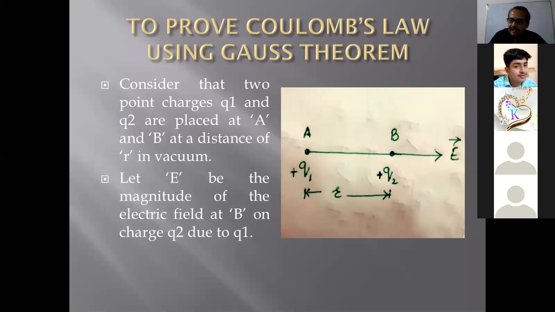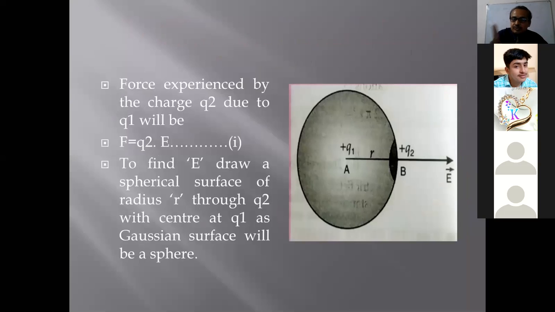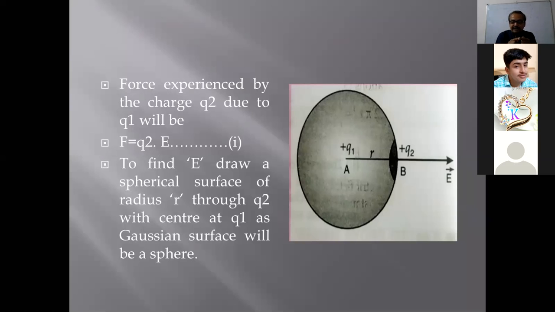Now, in order to use it, we will consider the force experienced by the charge Q2 due to Q1, because in this case we are considering the charge Q1 as the source charge and Q2 as the test charge.